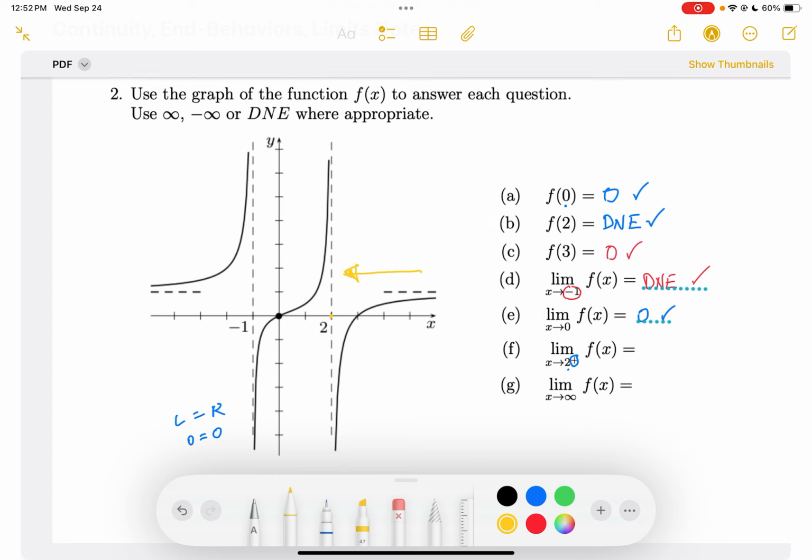So now you see my picture gets closer and closer, more and more. What do you notice? Negative infinity. And that's what we say. When there is a picture, the answer is in the picture.